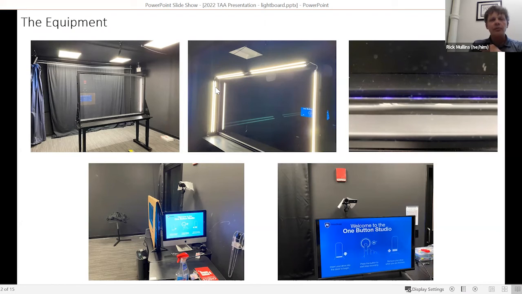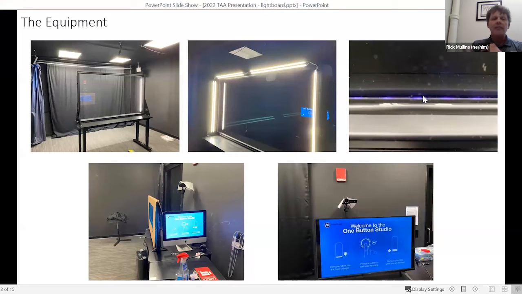There's two sets of lights on the glass. So these lights here are meant to illustrate or to highlight the person that's drawing. So these are the lights that make the person visible. And then if you look closely over here, you can see these kind of LED lights that are embedded in the glass.